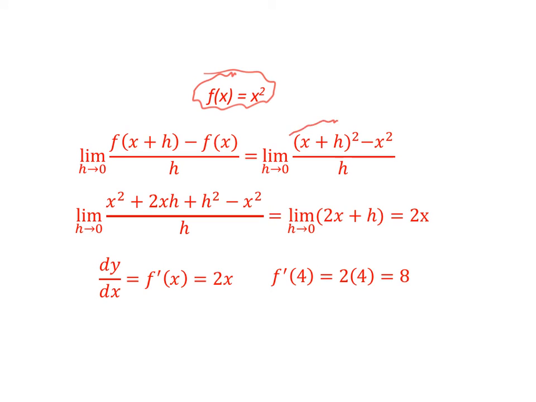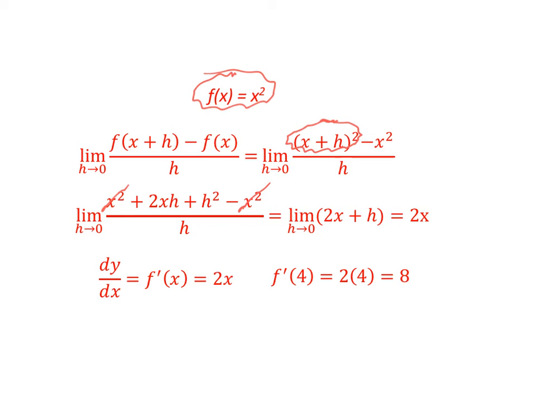So now I've got x plus h squared minus x squared over h. I square that out and I get x squared plus 2xh plus h squared minus x squared. Again, my x squares cancel. I end up with 2xh plus h squared, okay?